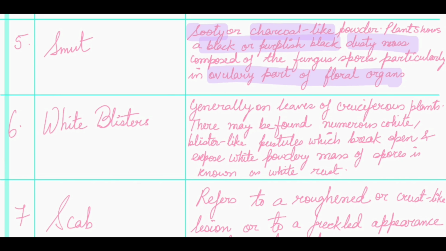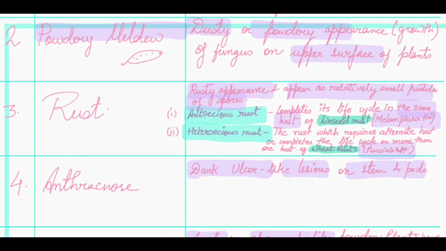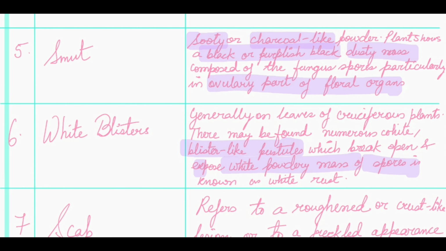Next is white blister. White blisters, so white color should be there. So a white powdery mass of spores is present. And from blister we can understand that blister-like pustules should be there. In rust we saw that relatively small pustules are present, but in white blisters we see blister-like pustules.